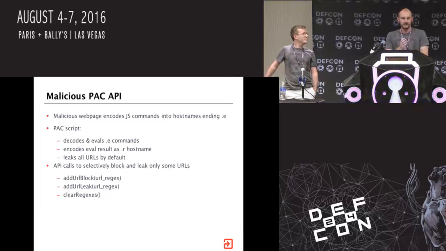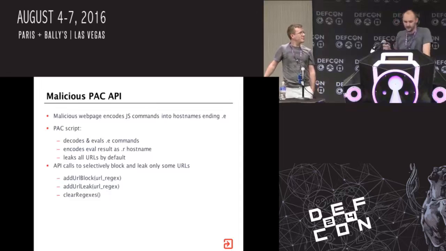We implemented an API interface between the victim's web browser and the PAC script running on their system. So the PAC script decodes and JavaScript evals any domains that end in the .etld. It'll encode the eval results of .etld host names and send that back to the server, and it will leak all URLs by default.